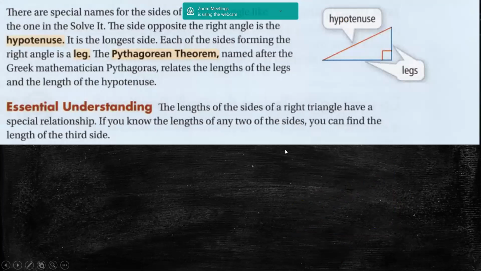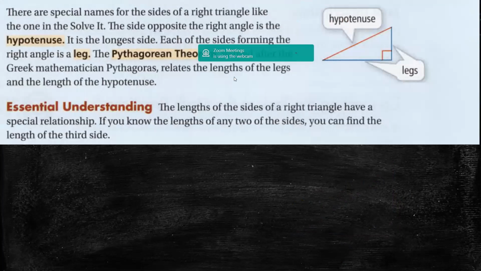Now, there are special names for the sides of a right triangle, like the one in the Solve It here. The side opposite to the right angle is the hypotenuse, as we said.